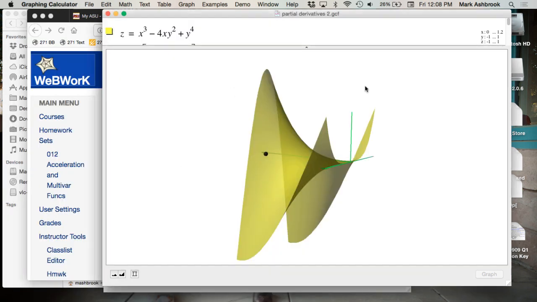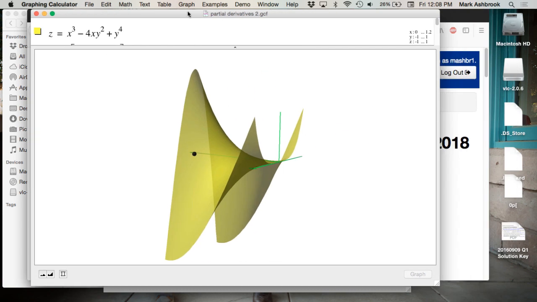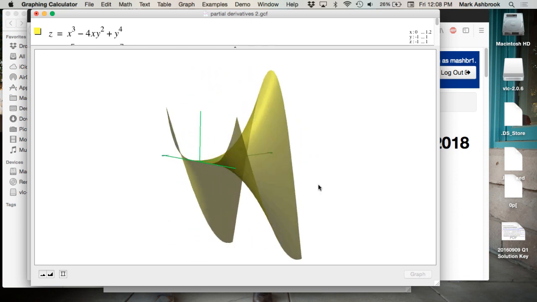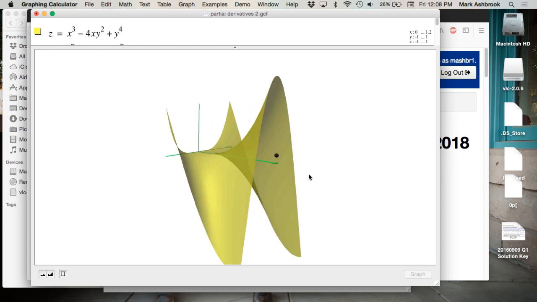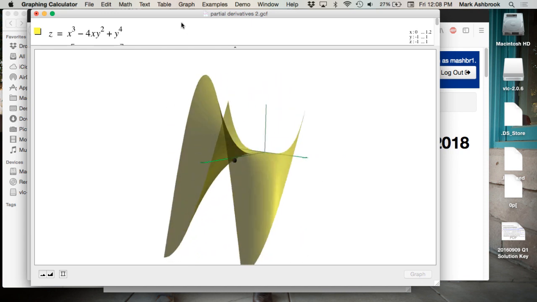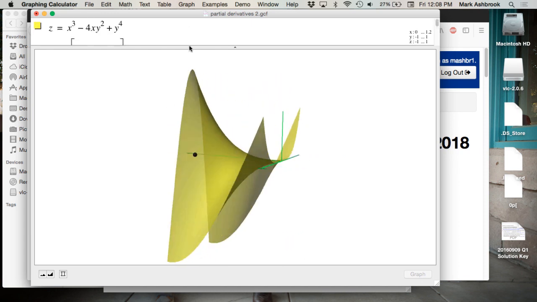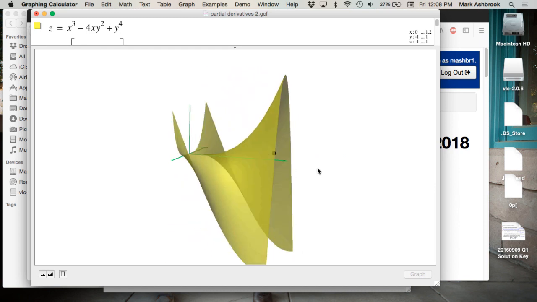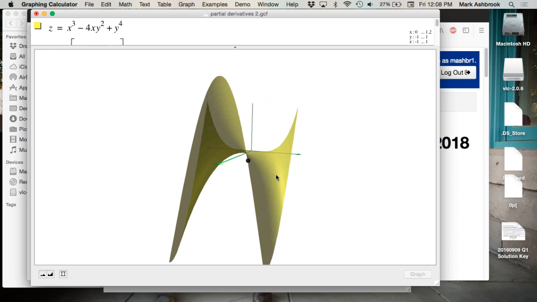Not that one, this one. All right, so that's the surface. And that point is the point 1, 0.5, I think. Yeah, 1, 0.5 on that surface. All right, so what does it mean to talk about the partial with respect to x?